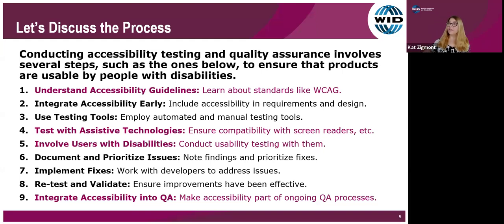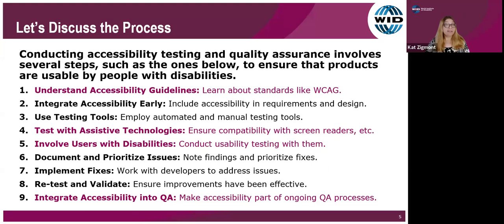And so I have here understanding accessibility guidelines, integrating accessibility at the early stage, that's the ideation stage that I was talking about earlier, using accessibility testing tools. While WID mostly works with UX testing, we really support the use of all accessibility testing tools, automated tools, etc. Testing with assistive technologies to ensure compatibility.